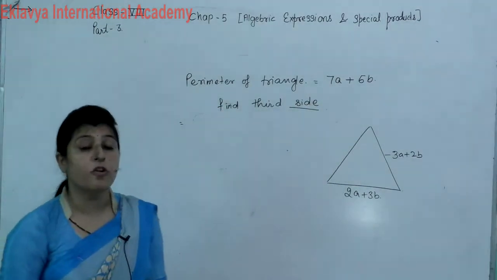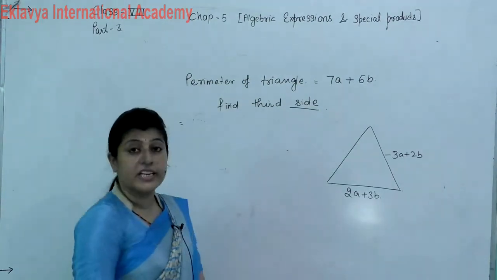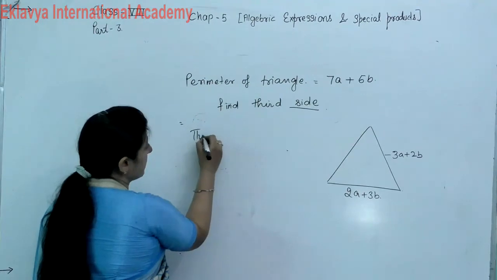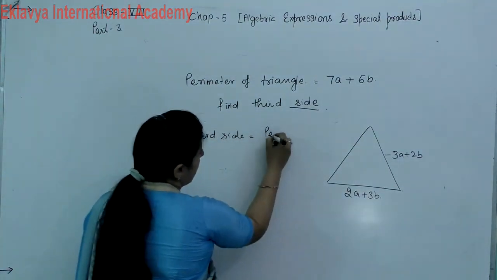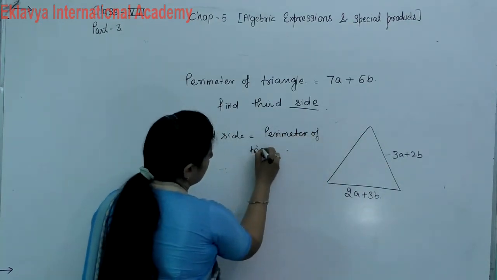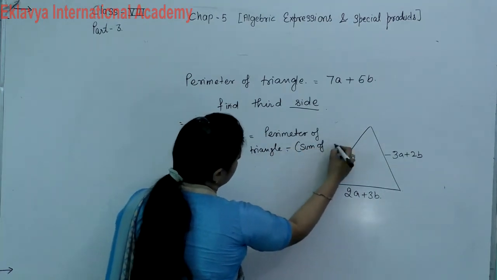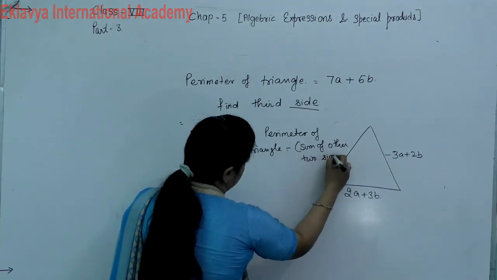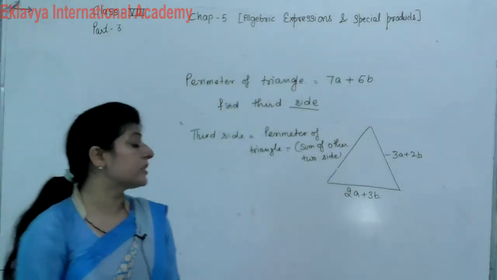What will we do to find the third side? We know the perimeter of a triangle is obviously the sum of all sides. It means the third side is equal to the perimeter of the triangle minus the sum of the other two sides. Which two sides are given?